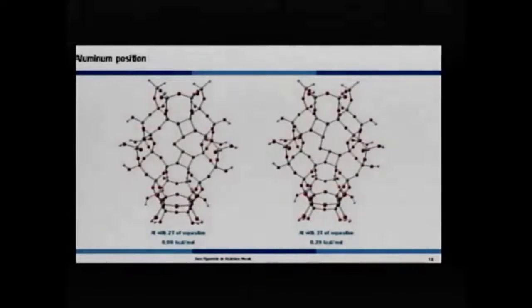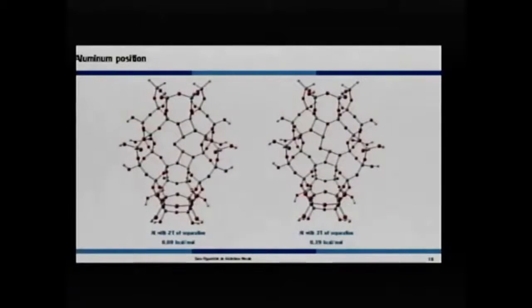One aluminum position is here, and the second can be here with two T sites of separation, or here with three T sites of separation.